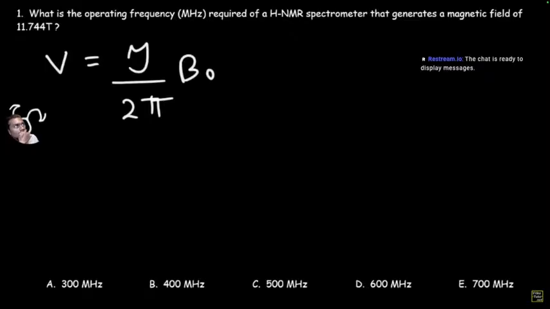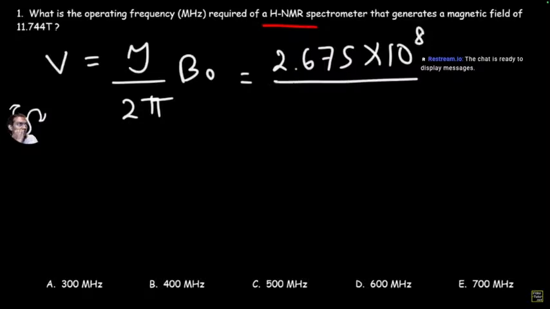Now, what is the gyromagnetic ratio in this case? Well, we can find the answer here. We're dealing with a proton NMR spectrometer. So for a hydrogen nucleus, it's going to be 2.675 times 10 to the 8. Now, the strength of the applied magnetic field is given to us in Tesla. And so that's 11.744 Tesla.